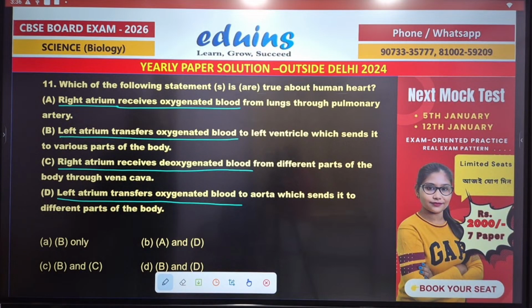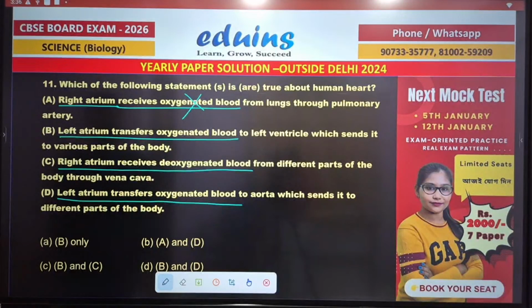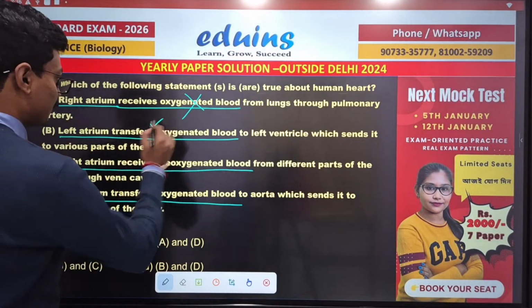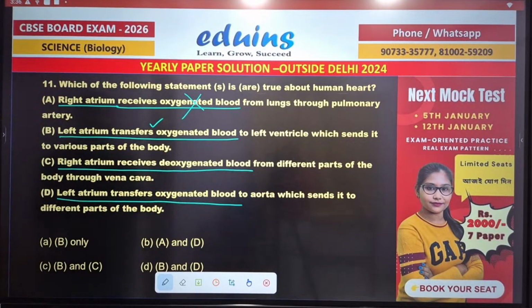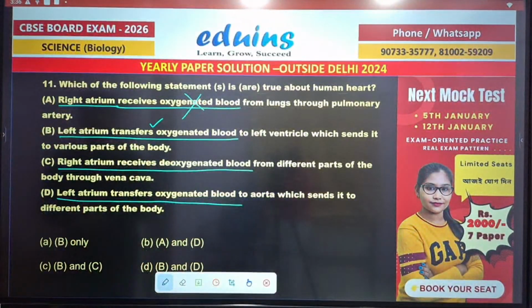Option A says right atrium receives oxygenated blood, this is wrong. Left atrium transfers oxygenated blood, this is correct, because the left side of the heart carries oxygenated blood. Next, right atrium receives deoxygenated blood from the different parts of the body through the vena cava, this is also right.